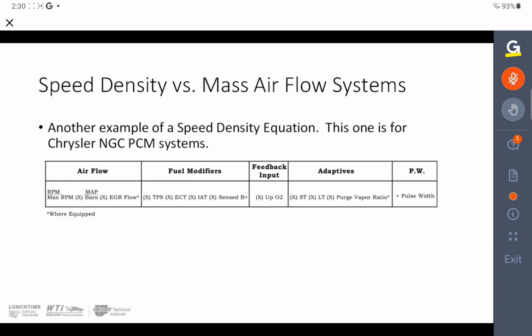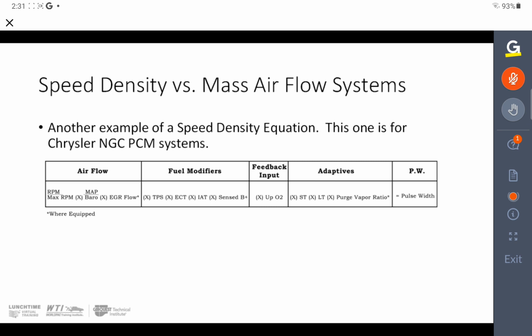Then we have our modifiers, again your basic other sensors: TPS, engine coolant temp sensor, intake air temp sensor, battery voltage. We have our feedback input, or fine tuning of the air fuel mixture, from the front O2 sensor, or what they call the upstream O2 sensor.